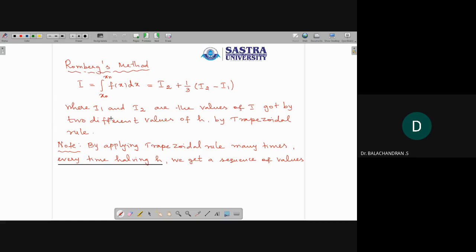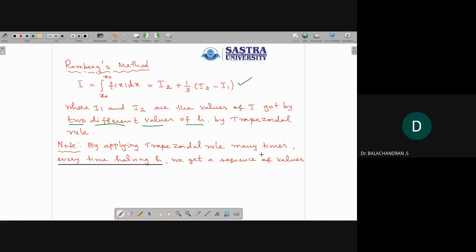I will explain it to you. The only thing you should remember is this formula: I equal to the integral from x naught to x1 of f of x dx is equal to I2 plus 1 by 3 into I2 minus I1, where I1 and I2 are the values of I got by two different values of h by the trapezoidal rule.